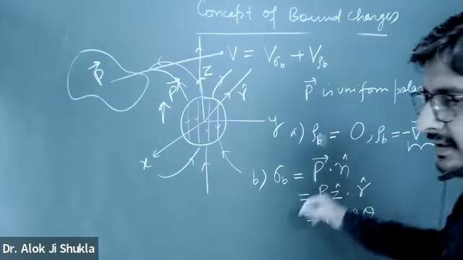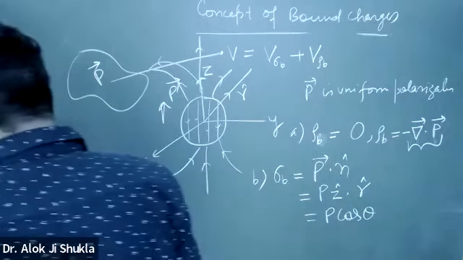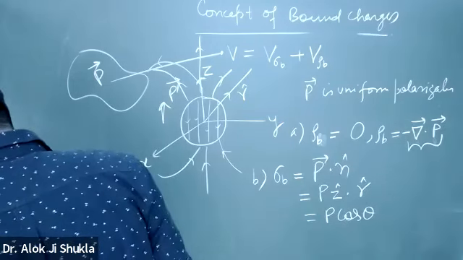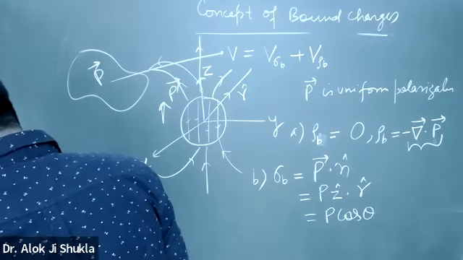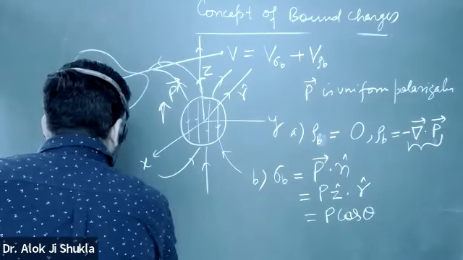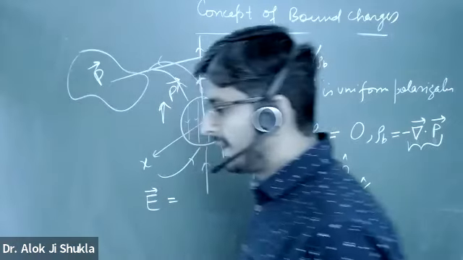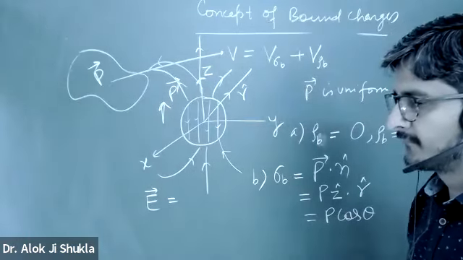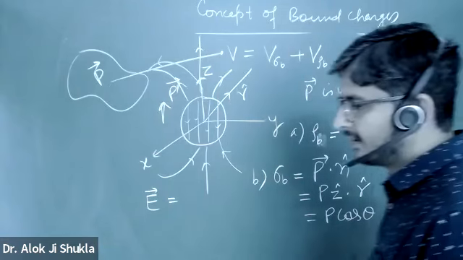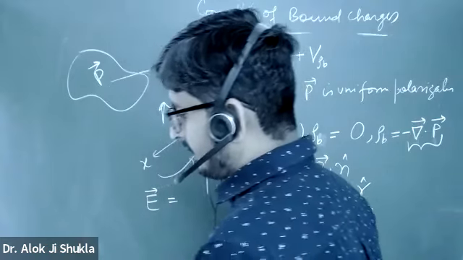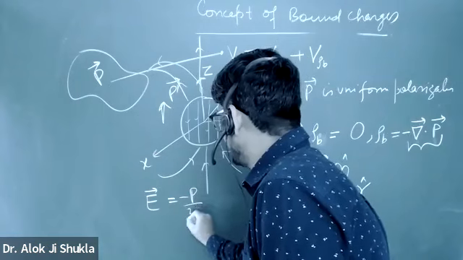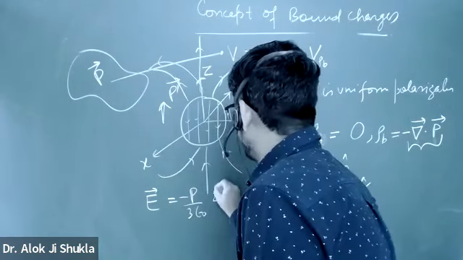So if you calculate it, because polarization is given and you know the charges, you will find that the field inside, कितनी होती है वैसे? Rho r by 3 epsilon naught. So if you calculate field inside, it will be minus P by 3 epsilon naught z cap.